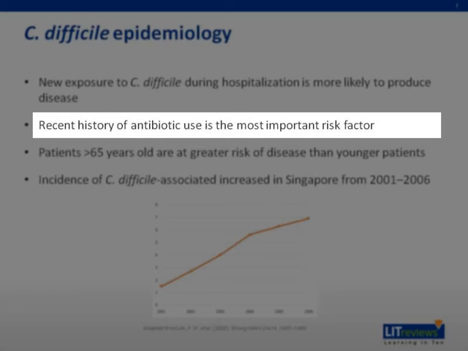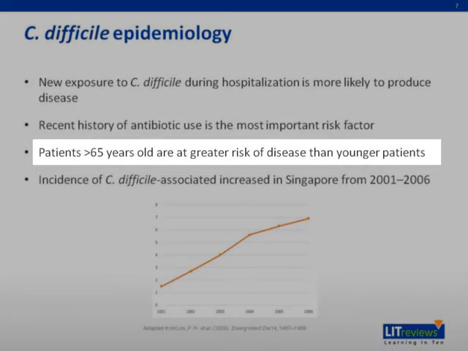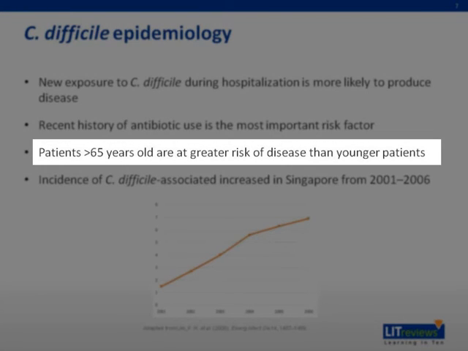So those antibiotics will eliminate the normal majority population of intestinal bacteria and enable the Clostridium that remain to populate the gut. So we know that patients over 65 years old are at greater risk of PMC than younger patients.